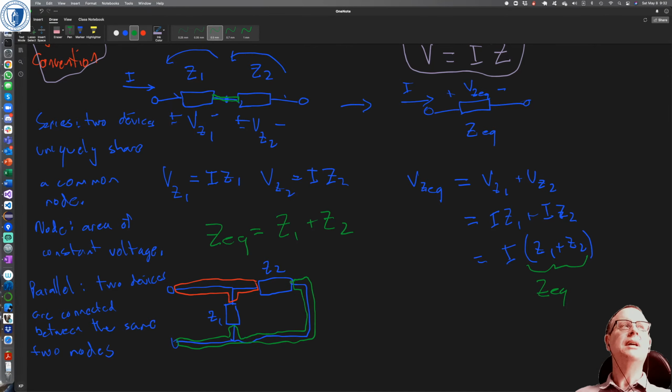Because they're in parallel, because they're connected between the same two nodes, this time instead of having the same current flowing through them, they've got the same voltage across them. Right? So here, right, and we've got IZ1 and IZ2.